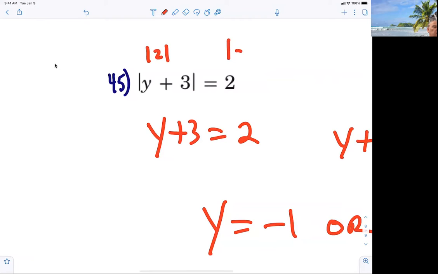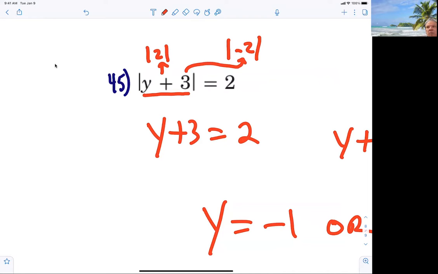What's the absolute value of negative 2? 2. That's why what's inside can either be 2 or what's inside can be negative 2. Because when I take the absolute value of 2, I get 2, and when I take the absolute value of negative 2, I get 2. Does that make better sense now? Yeah. Anybody else have a question on that?